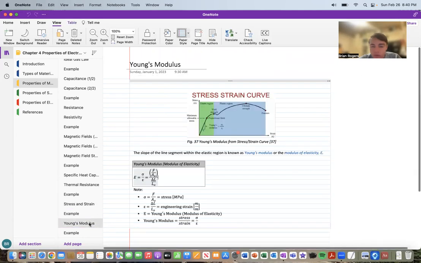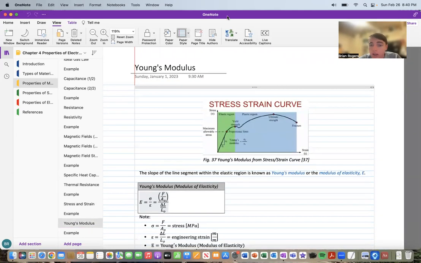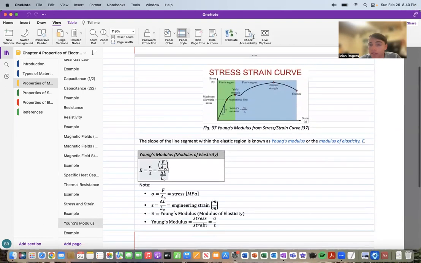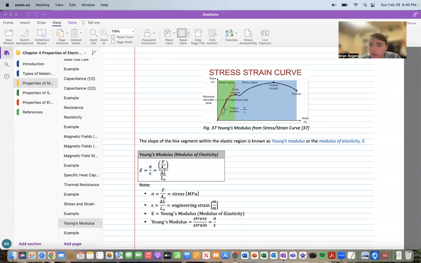And so Young's modulus refers to the proportional line we have in the beginning. Notice how in the beginning, it follows a linear relationship. That's Young's modulus: within that linear region, the slope, where y is the amount of stress, indicated by sigma, and x is the amount of strain, indicated by epsilon.